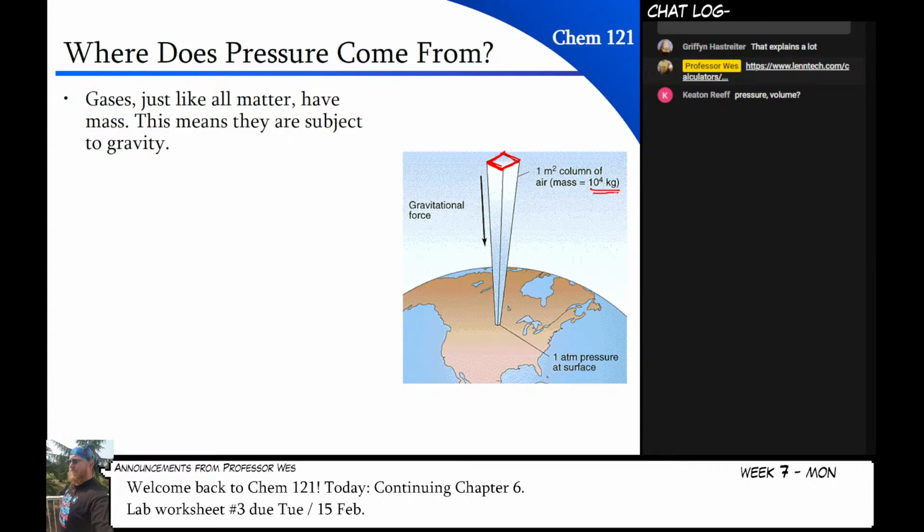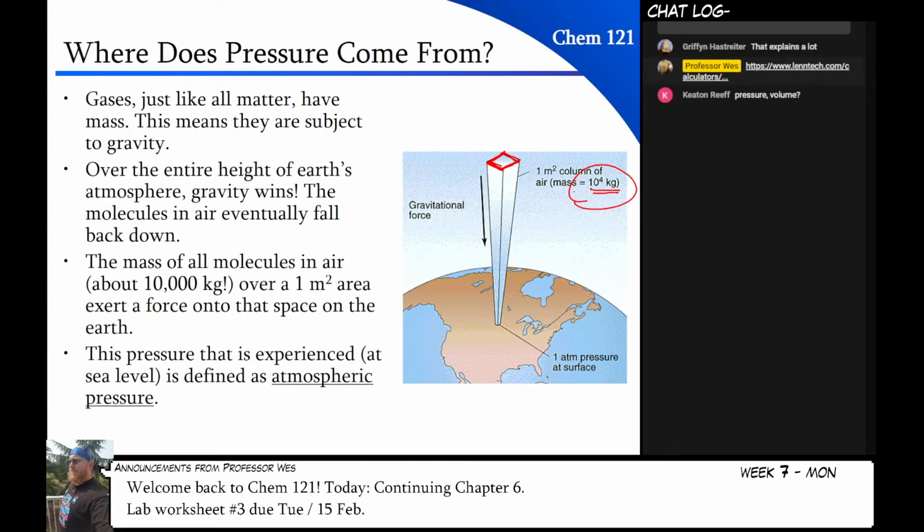So if somebody ever asks you, hey, do you even lift, bro? You can say, sure. I lift this much every second. 10,000 kilograms. It's not impressive, though, because everybody can do this. That force being applied onto the ground, your skin, and your ears is called atmospheric pressure. And so this is the force of pressure that you feel at ground level.